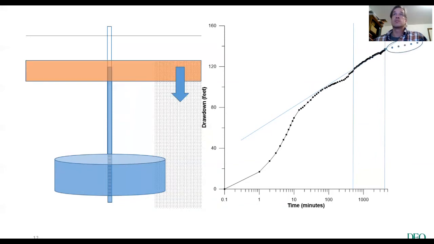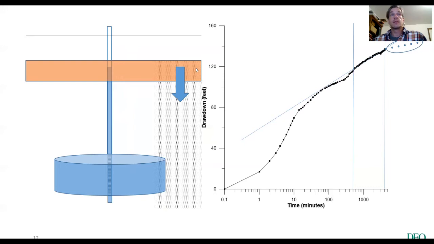systems. You can also have the opposite thing happen where you hit what's called a recharge boundary, and that's where the stresses, the gradient has propagated far enough out into the system where it has found a new source of water.